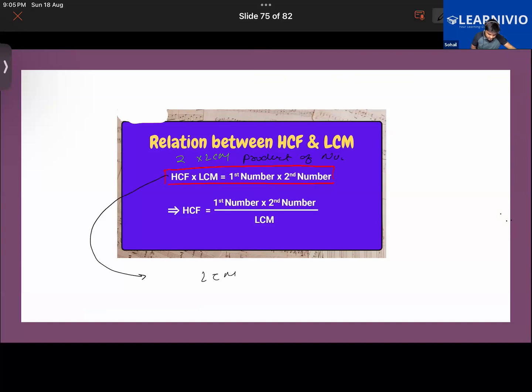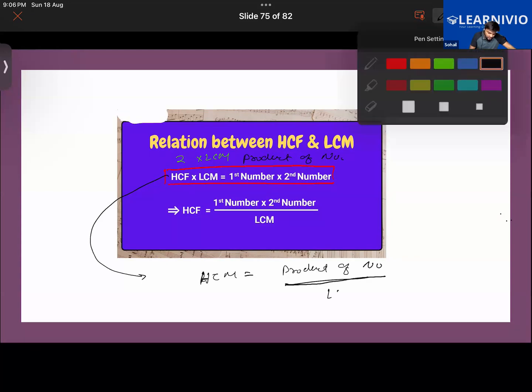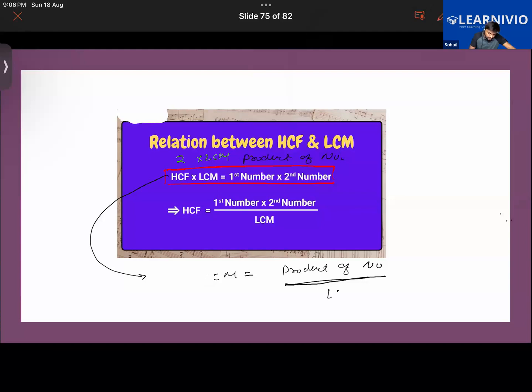So LCM will be equal to the product of numbers, and over here HCF was in multiplication with LCM. When you bring it to the other side of the equal sign, its operation changes. Earlier it was multiplication; on the other side it will come in division. So it will be the product of numbers upon HCF.